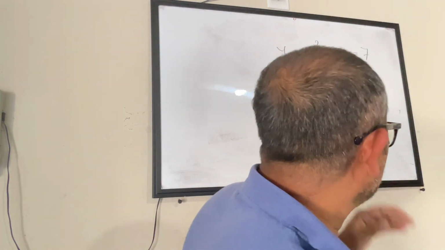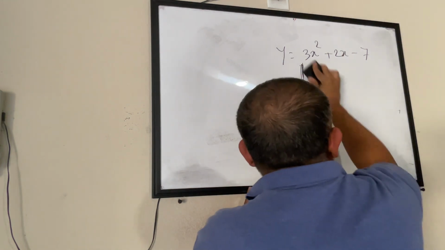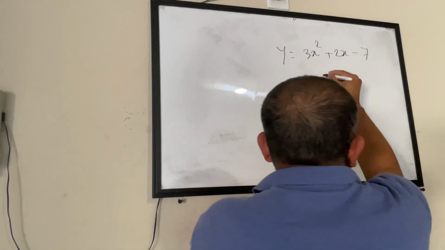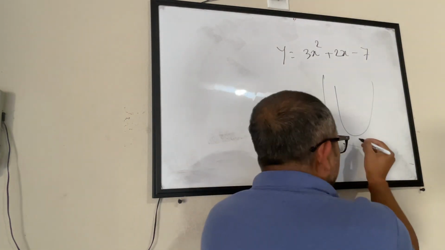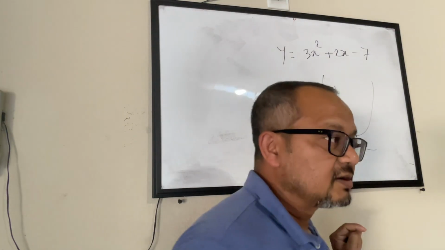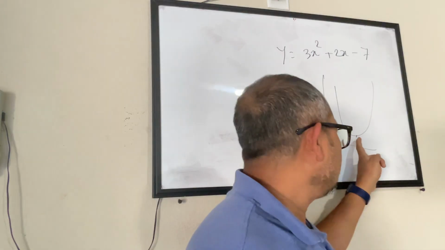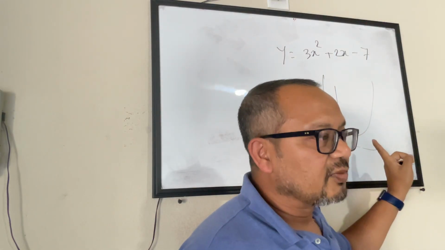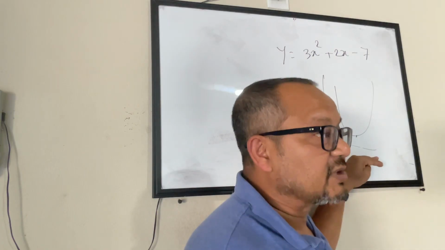Now, there's one more thing you will see in the parabola. If I have a parabola like this, do you guys know what this point is called? Vertex. The vertex could be the lowest or the highest point, or the lowest or highest value of the y coordinate of the parabola.